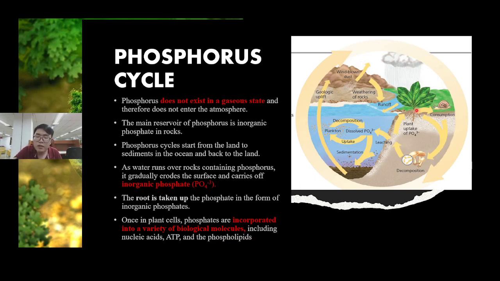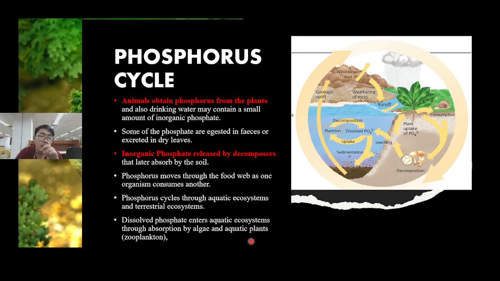So when the plant takes phosphate from the root, it is incorporated to form biological molecules and functions in our metabolism. Next, how can animals obtain phosphate?